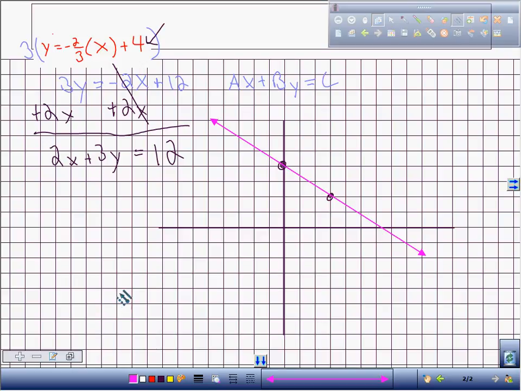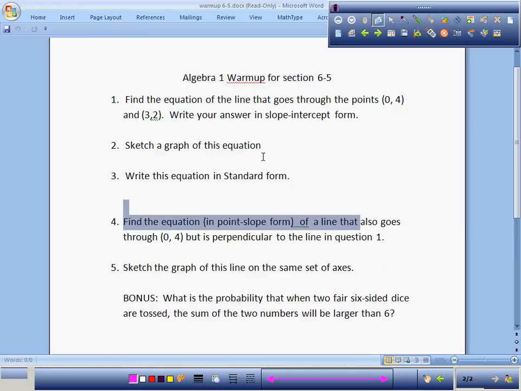Yeah. Okay. The next question on this little warm-up asks you to find the equation, in point-slope form, of a line that also goes through (0, 4) but is perpendicular to the line in question 1, and then sketch the line on the same set of axes.